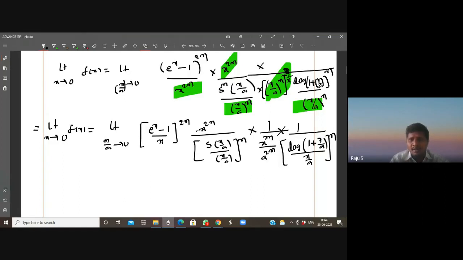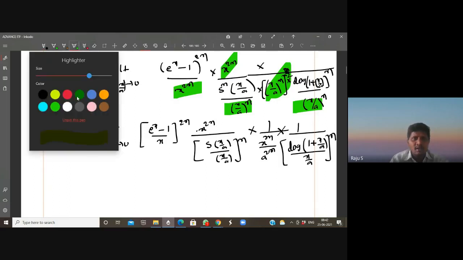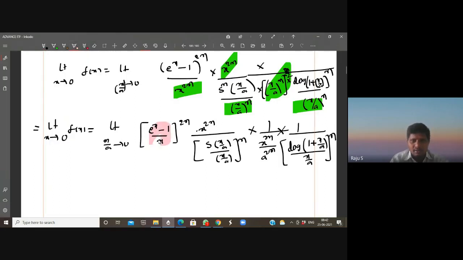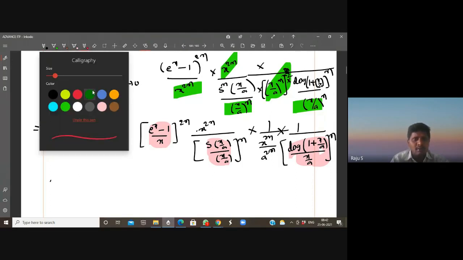I have written them separately. Now, if we observe this clearly, here this is 1 according to the formula. This is 1 according to the formula. This is also 1. Since, what are the formulas we are having?